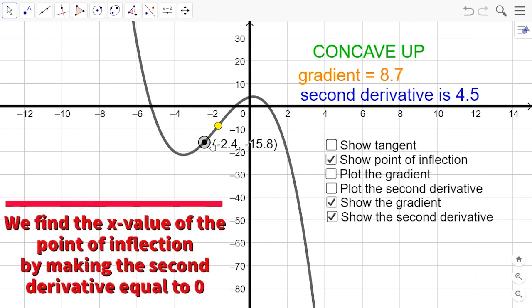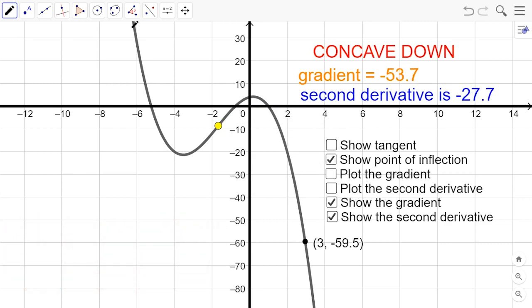Once we go past the point of inflection, the gradient starts to decrease, the second derivative is negative, and the curve is concave down, like a frown. So this piece of curve here, concave up, like a cup. And this piece of curve here, concave down, like a frown.